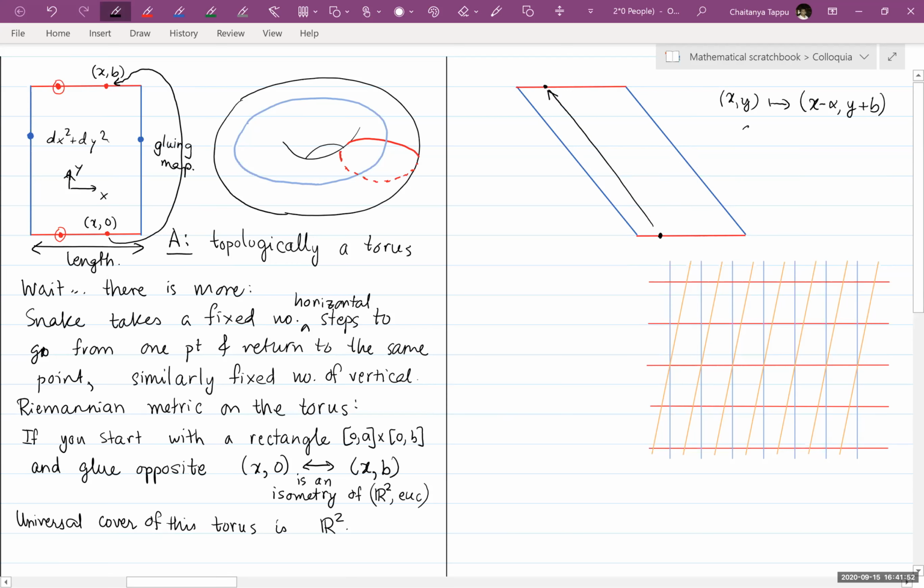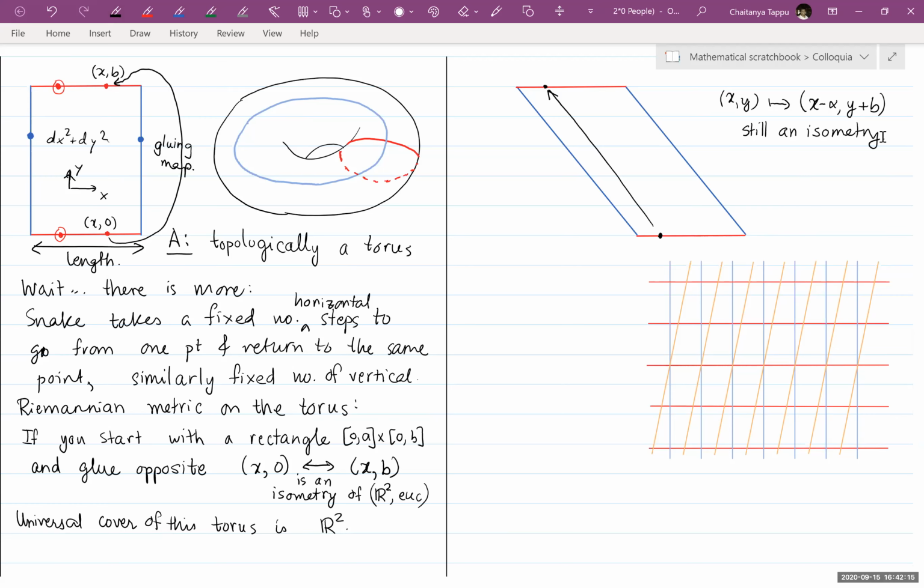But it's still an isometry. So even on this weird parallelogram, if you glue opposite sides together, then you get a flat Euclidean torus. But the two tori that I just constructed are different.